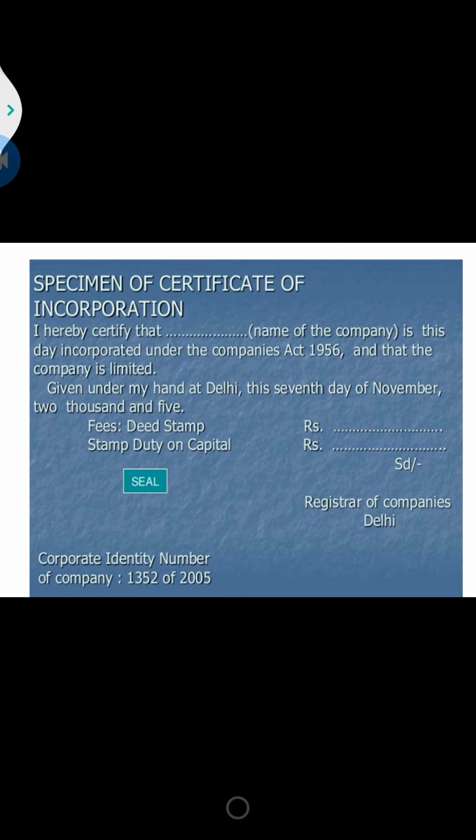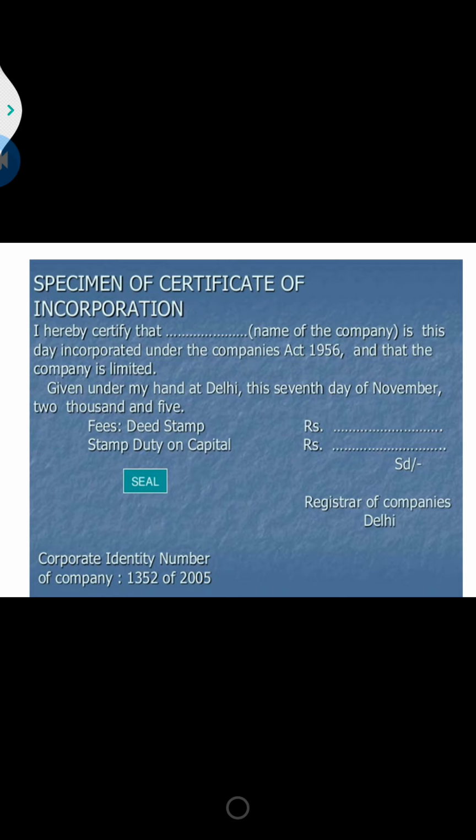The act means whatever you are going to have should be lawful, and you should have the certificate of incorporation obtained from the registrar of the company. So what are the effects of incorporation?